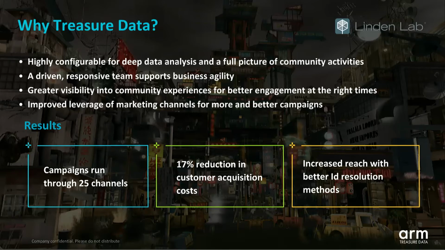So he's running campaigns now through about 25 different channels and is able to efficiently manage that. Overall, he's estimating that he's been able to reduce his overall cost of acquisition by about 17%.